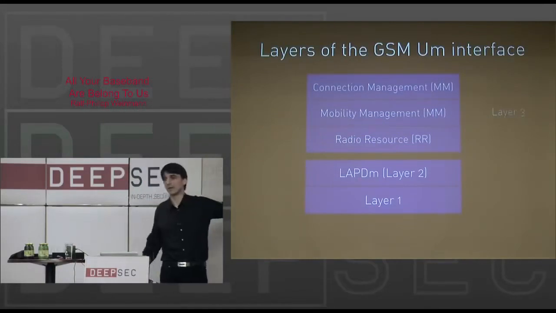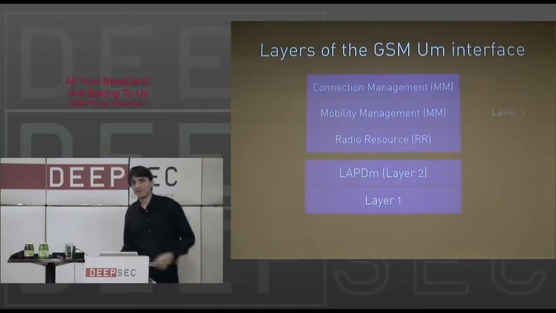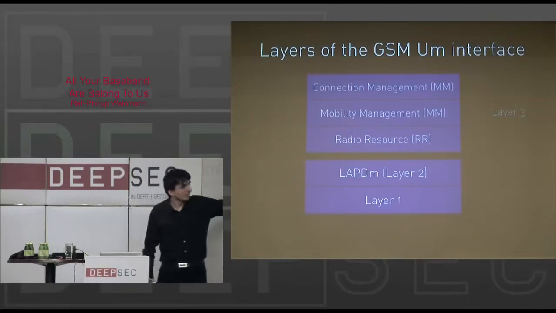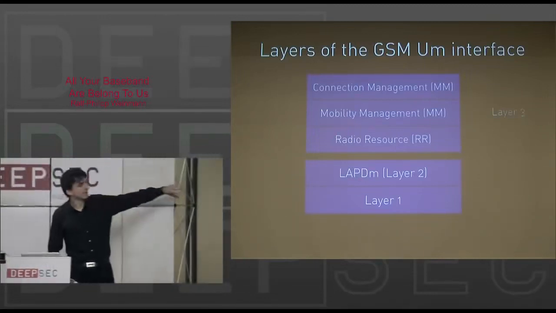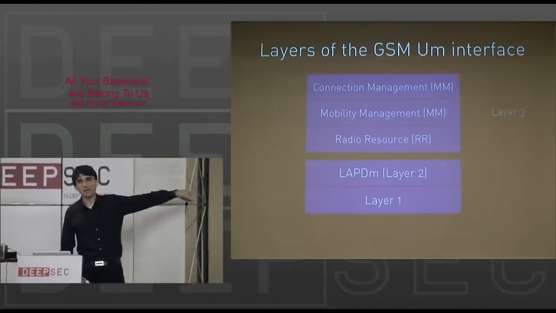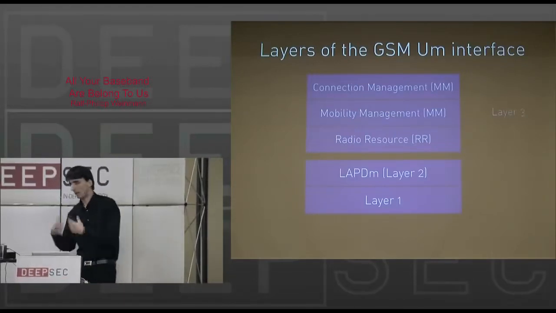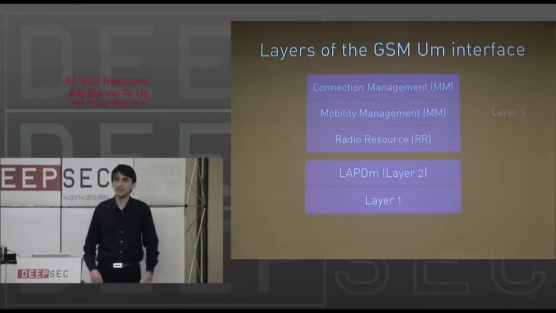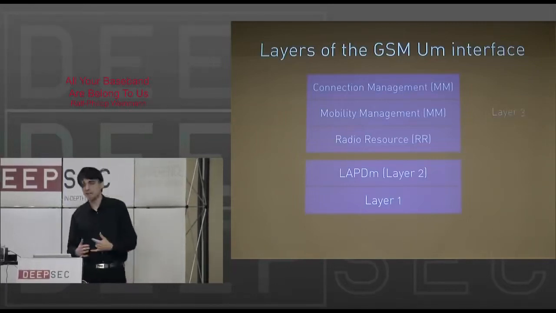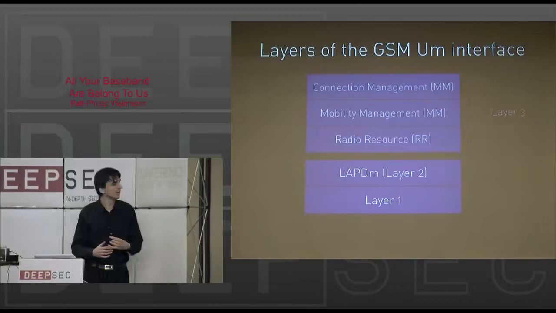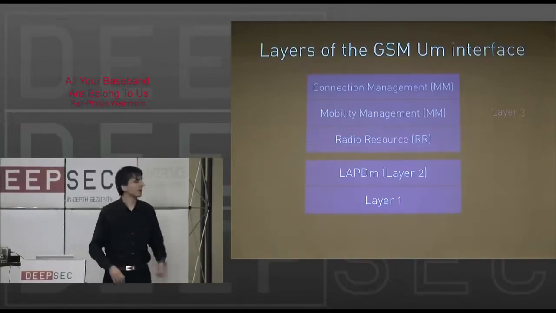Layer 1 to 3, they are called simply. It's not the standard OSI, it's somewhat different. In layer 1, you have the physical layer, which is basically how things are transmitted over the air. This is usually done by a DSP in the smartphone, decoding and encoding into this.